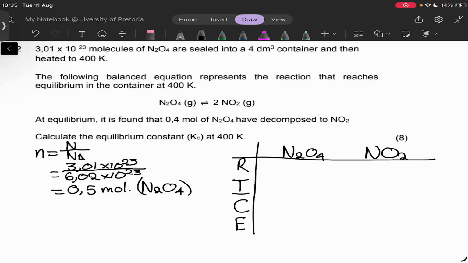Let's write down the ratio, though. The ratio is 1 is to 2. This is very important. Now, I want to write in my initial.